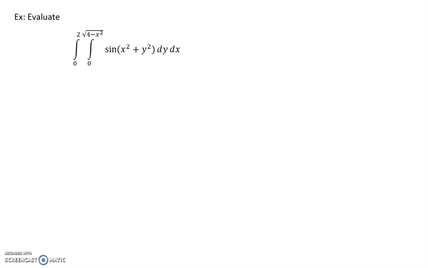Another thing, though, that might help us move in that direction is taking a look at this integral here, sine of x squared plus y squared dy, or even if we tried to switch those to dx, dy, and do the dx first. Really, either way, we're going to run into this issue where we've got sine of an inside function, that x squared plus y squared on the inside.